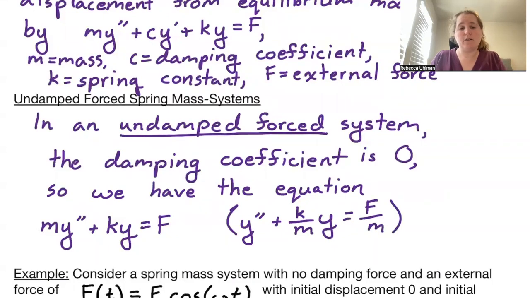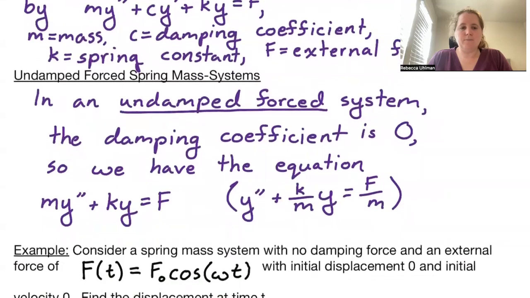So we still have a way of finding k over m, but since m also is dividing force in this case, we now do need to know the mass to actually get the precise function.